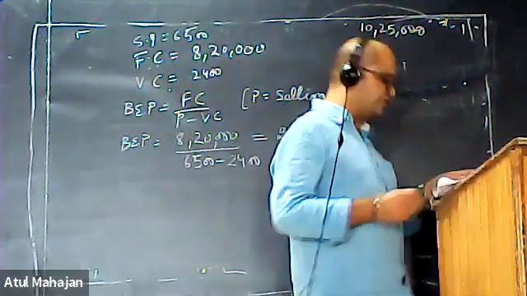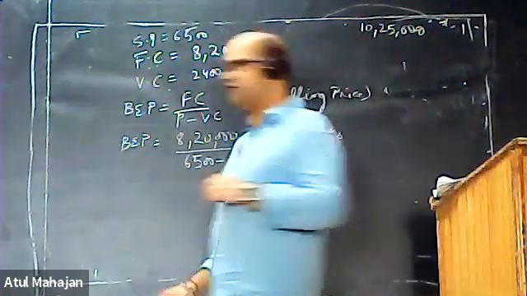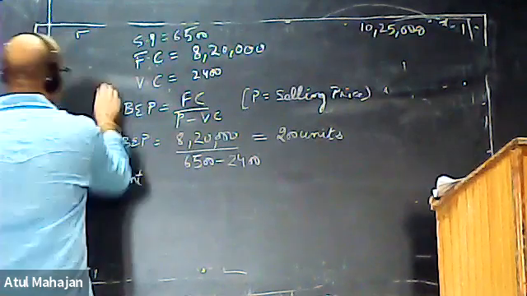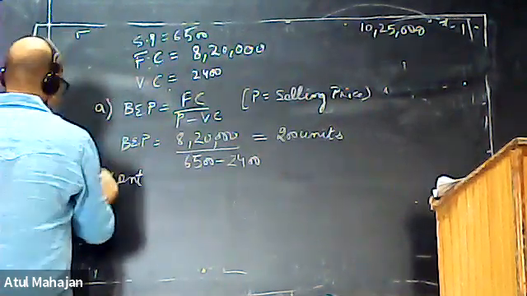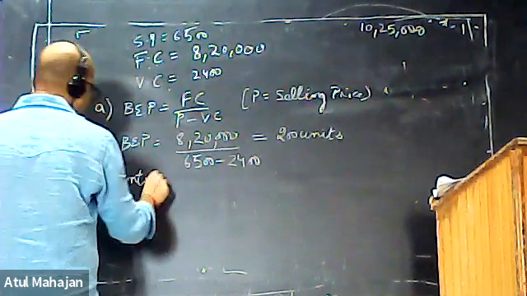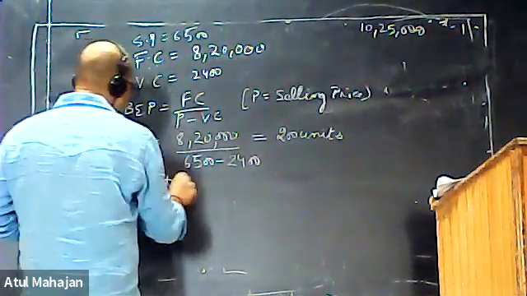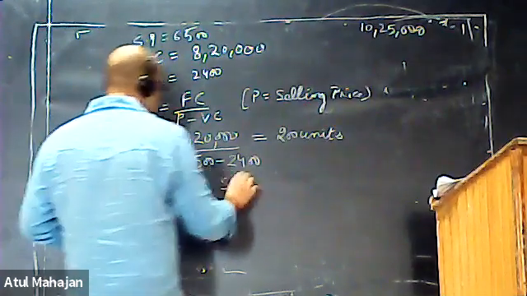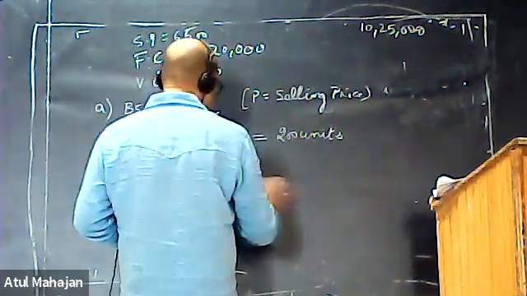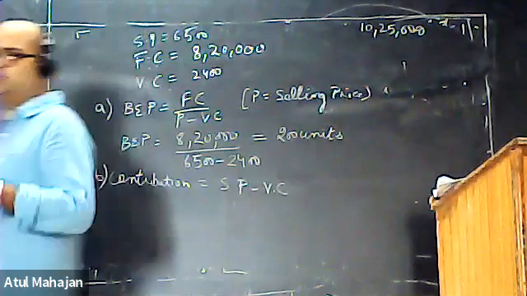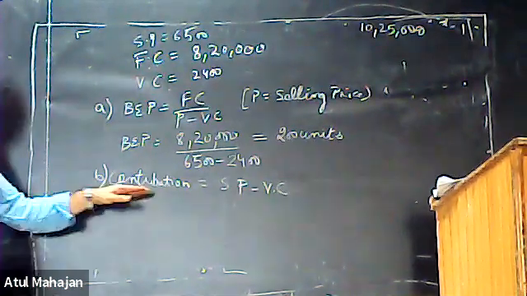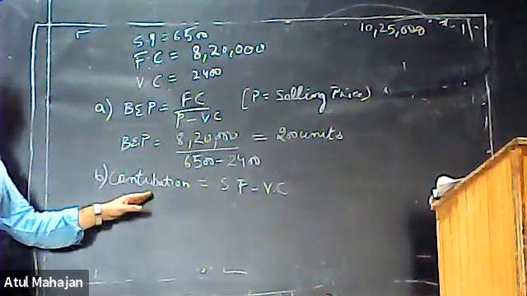The second part is the contribution. The formula for contribution is selling price minus variable cost. Since we know the selling price and the variable cost, we can easily calculate the contribution.